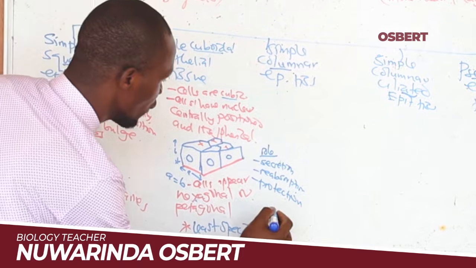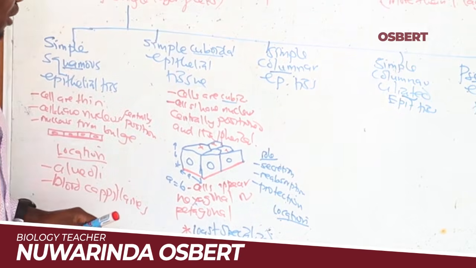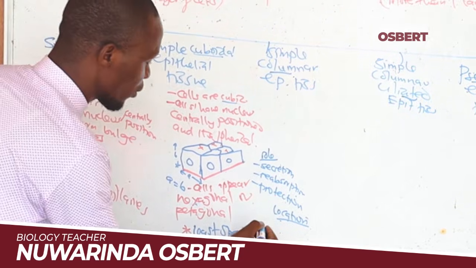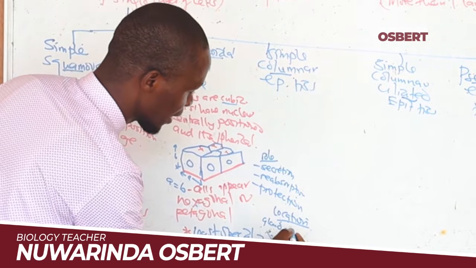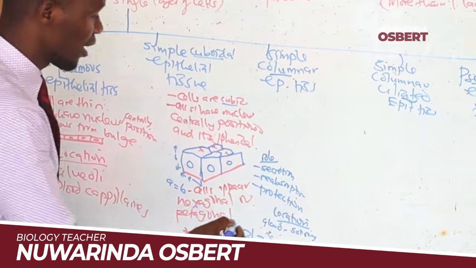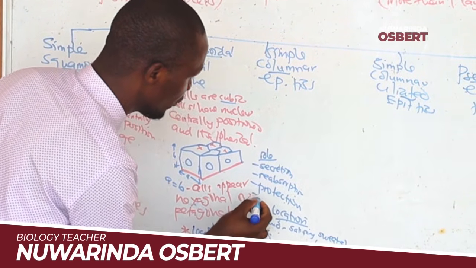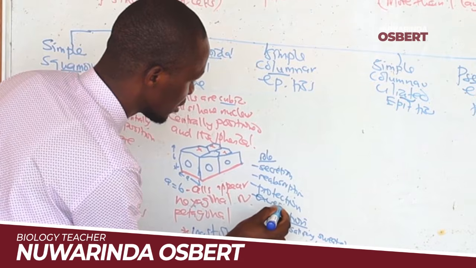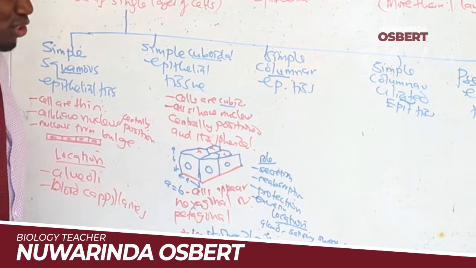And therefore, when it comes to location, they are located in different places. For example, we have them in glands, like salivary glands. In salivary glands, they do the work of secretion. They are found in sweat glands. In sweat glands, they do the work of excretion. We have the thyroid gland and so on and so forth.